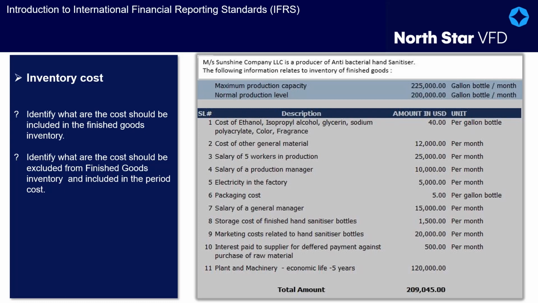Further, details of cost of raw material such as ethanol, isopropyl alcohol, glycerin, sodium polyacrylate, color, fragrance, labor cost of production crew, packaging cost, factory manager and company manager, electricity cost, storage cost, marketing cost, finance cost, cost incurred for acquisition of plant and machinery etc. have been given. Please find our cost of 1 unit of finished goods inventory.